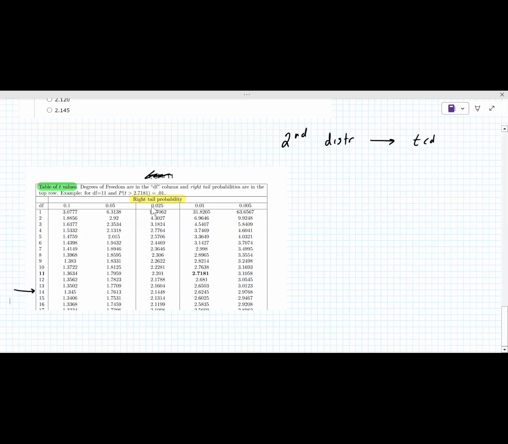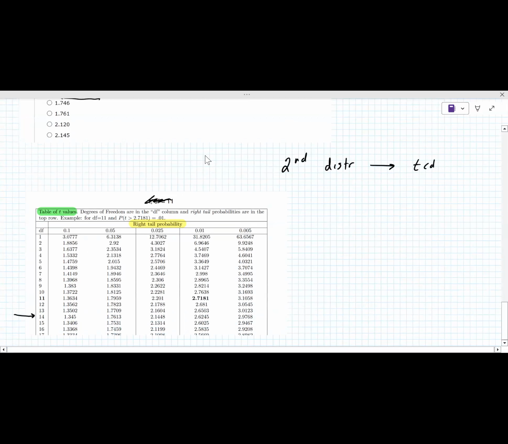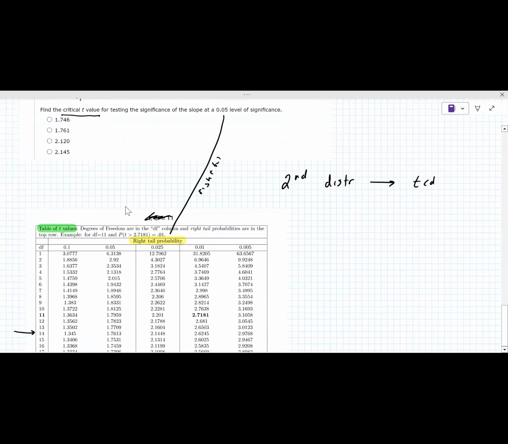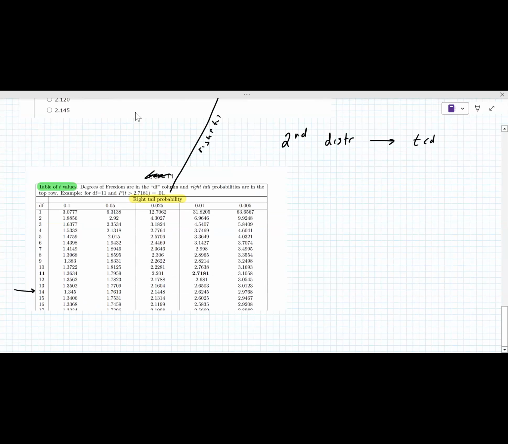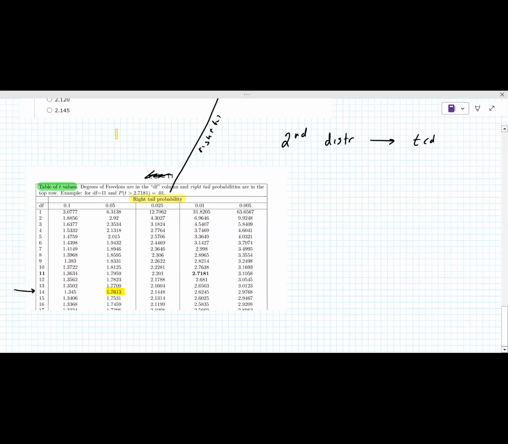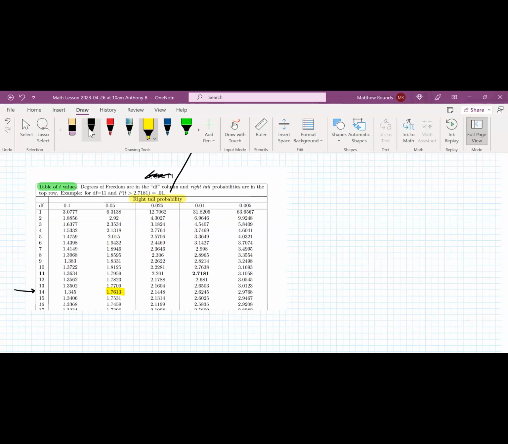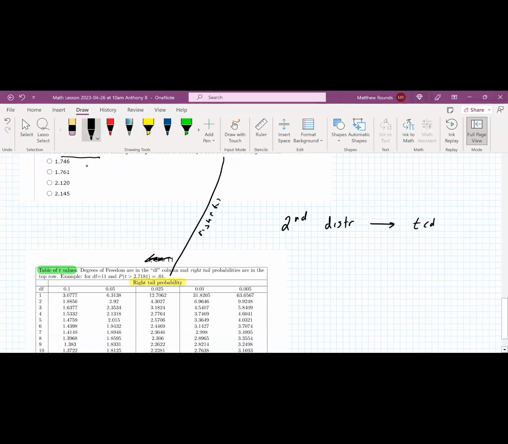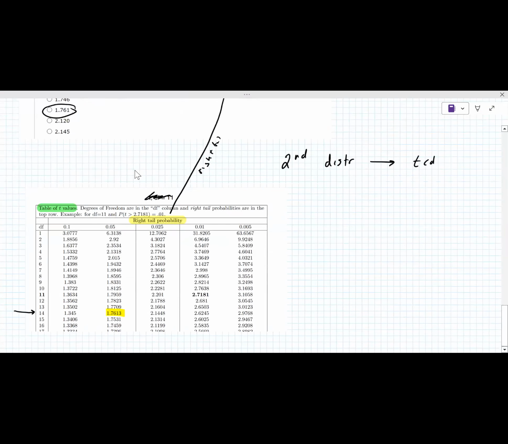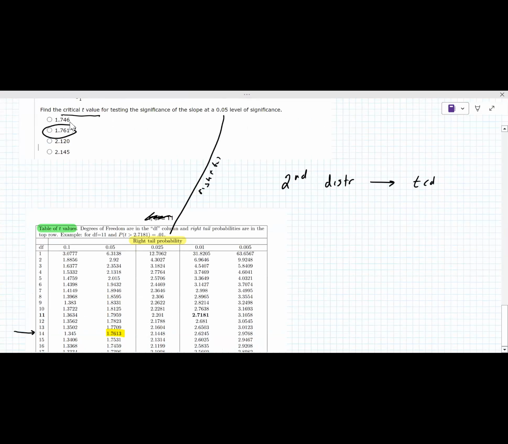And you have to figure out how much area is in the tail, which is this alpha level. The alpha level is the right tail probability. So in your problem, it's 0.05. So you're looking for the intersection of these, which is there at 1.763. So that is your, well, I don't know why it's not lining up perfectly. Oh, it is. It's just going out one more decimal place.